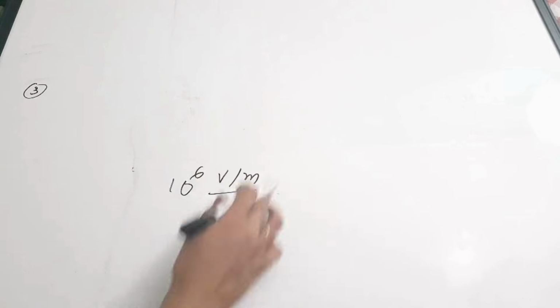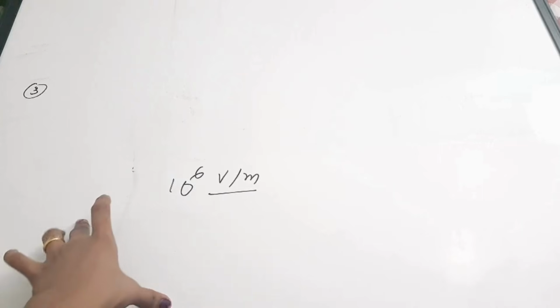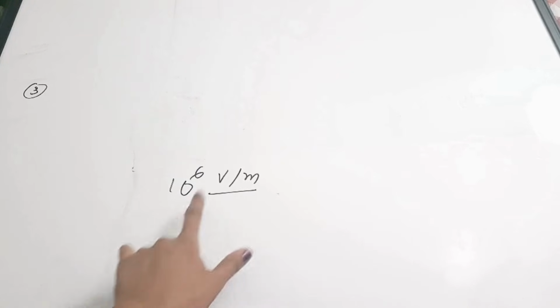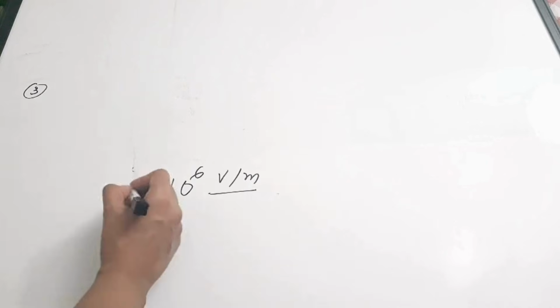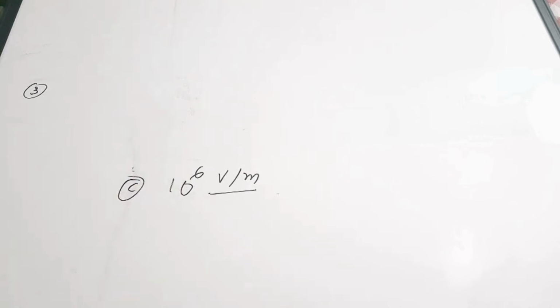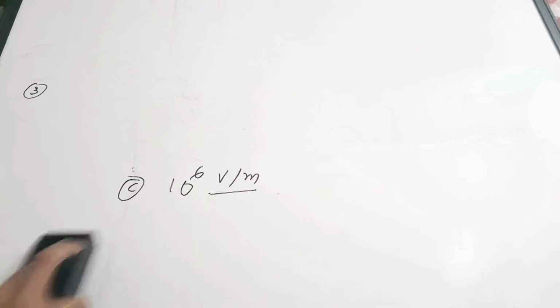The unit of electric field is volt per meter, right? So the electric field produced is of the order 10 raised to 6 volt per meter, that is mega. So the correct answer is option C. Just know that even if we apply very small voltages, a high electric field is produced for field ionization. The correct answer is option C, 10 raised to 6 volt per meter.